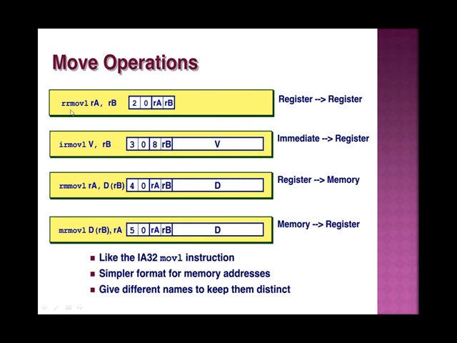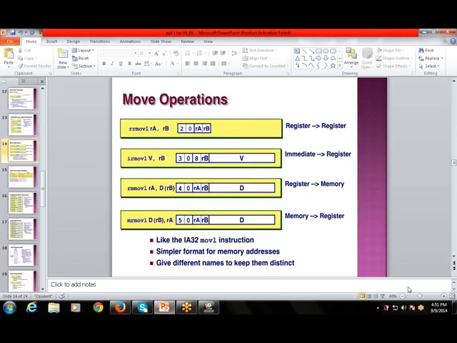So there are multiple move operations, that is from register to register, variable to register, register to memory, and vice versa, that is memory to register. Like the IA32 movl instruction, simple format for memory addresses, as we discussed when we were discussing the IA32 movl operation.